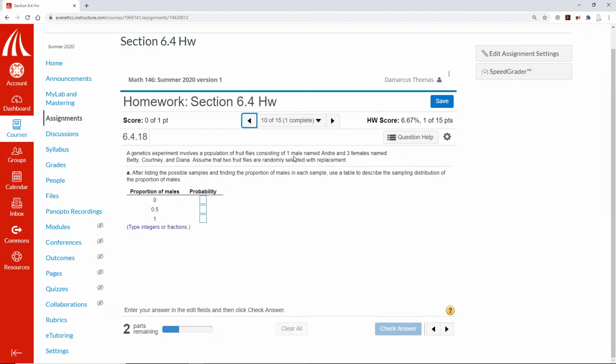But it's different. I got 1 male this time and 3 females. A, B, C, and D. The proportion of males in samples of 2. But because you're doing replacement, you can get the same fruit fly twice in your sample. So we figured out that their sample space will be 16 different numbers.